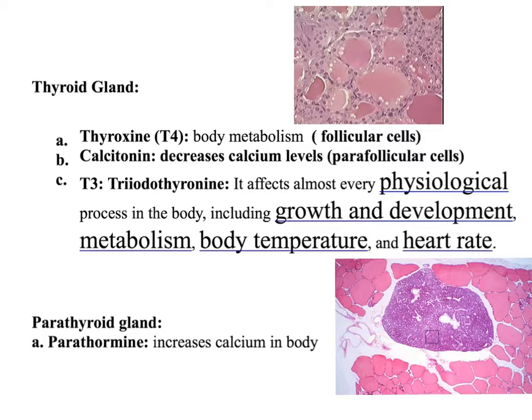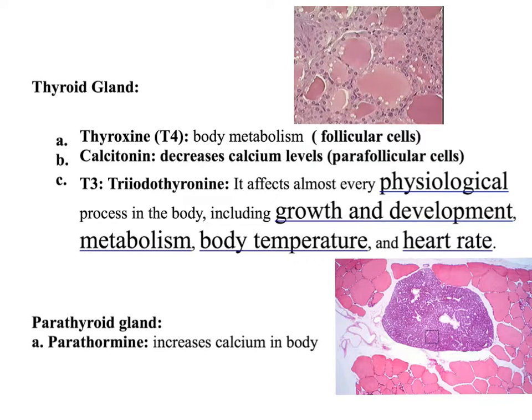It decreases the calcium levels. It is antagonistic against the parathyroid gland's attempt to increase calcium, and calcitonin is secreted by the parafollicular cells, which are these clusters of cells that you see right in that area. Notice that they do not form part of the follicle or the donut structure.